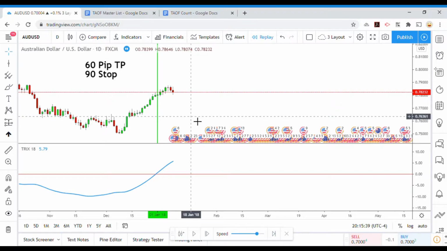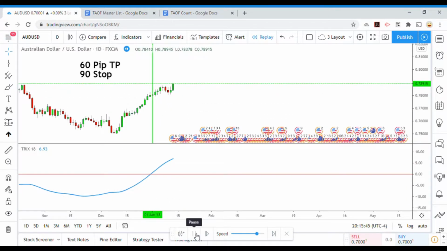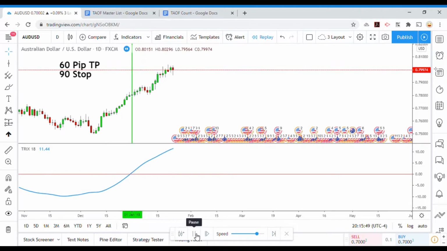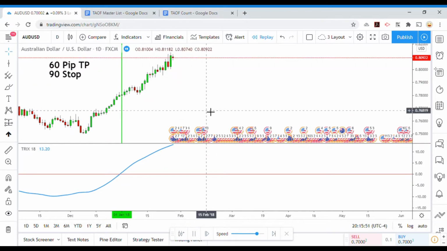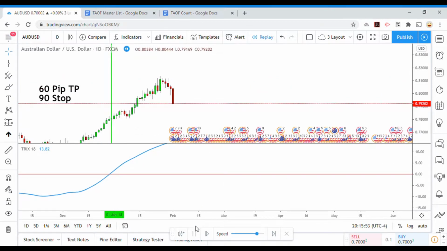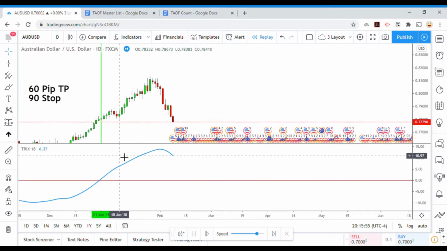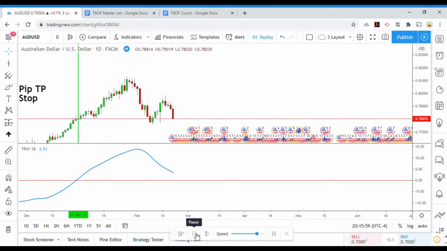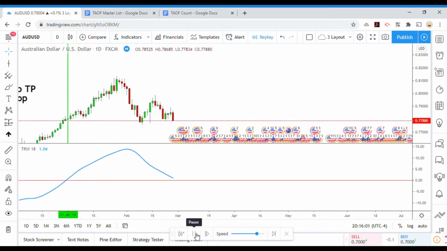If you don't know what I mean by that, there is a whole video explaining how that works. Looks like the first signal was a winning trade. It's a rather significant winning trade at that. Did very well.